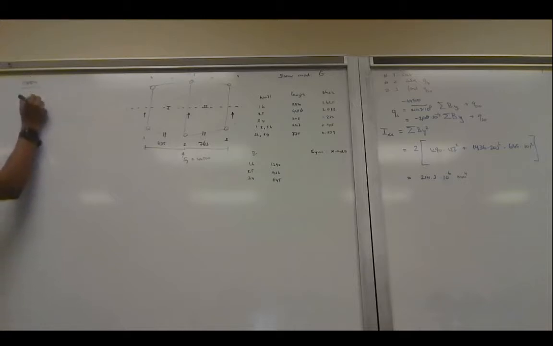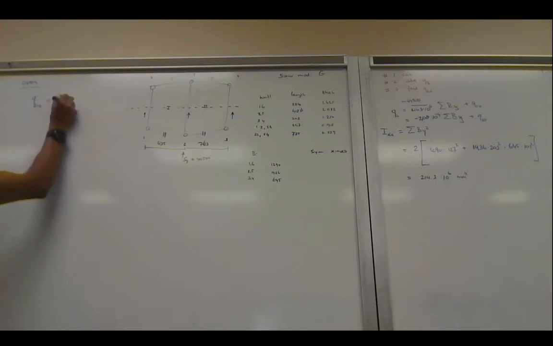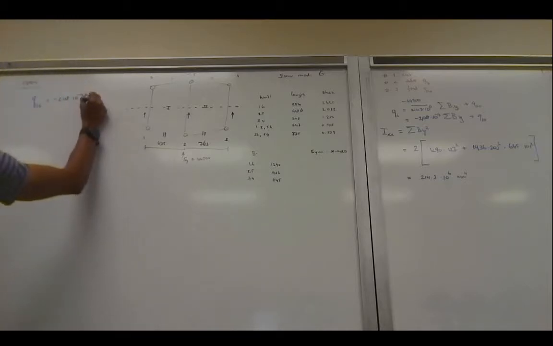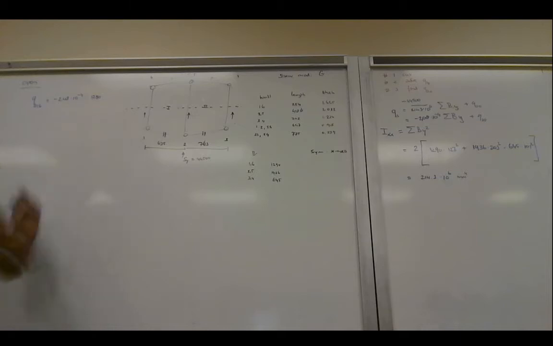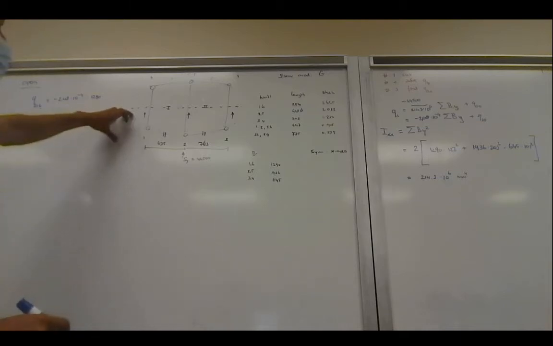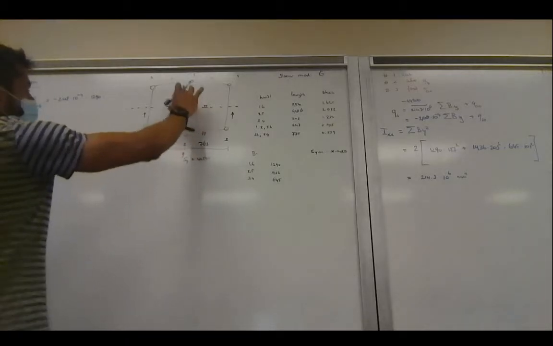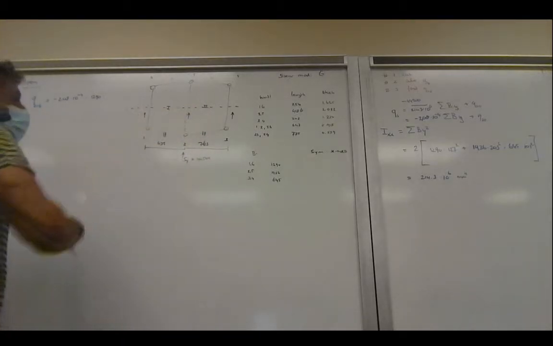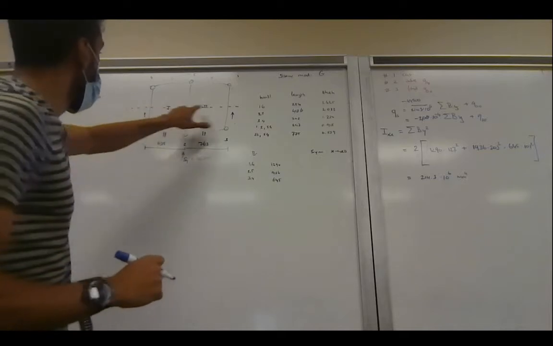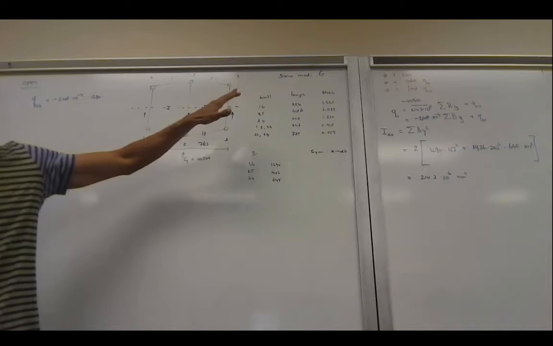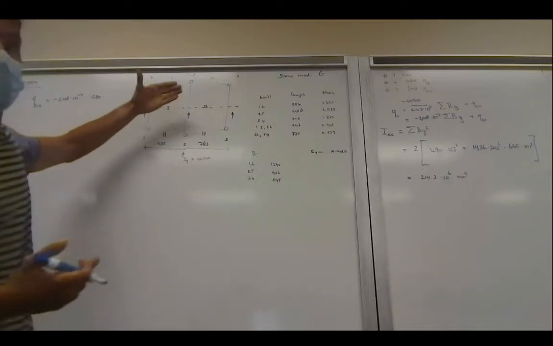So we have QB 16 equals negative 2.08 10 to the minus 4, multiplied by boom area 1, which is 1290, multiplied by the y distance from the centroidal axis. We don't know where the centroid lies on the x-axis, but it's not crucial to solving this problem because we know it lies on the x-axis.